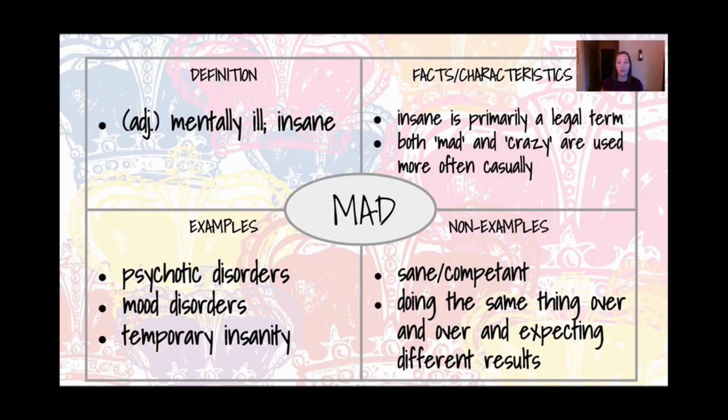So, if somebody says something and you're like, are you crazy? Are you mad? Are you insane? So again, when we're referring to people who actually have mental illnesses, mental disorders, we don't often use these actual terms. They're more used just casually.